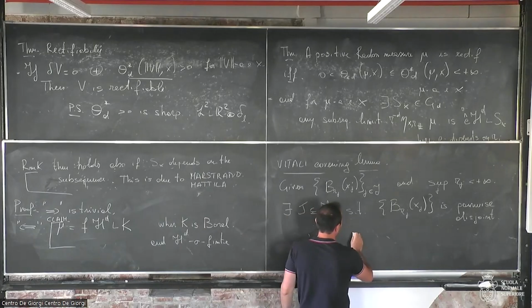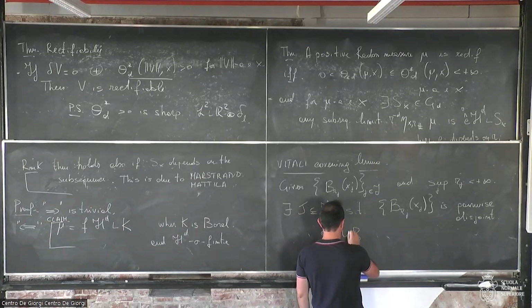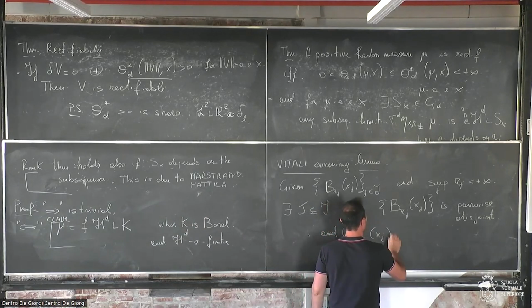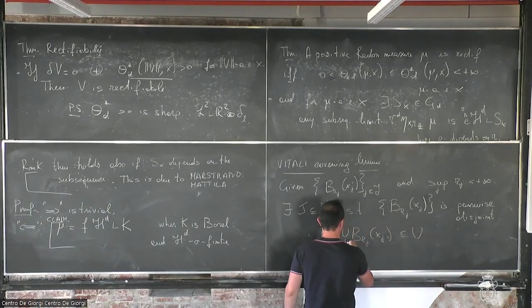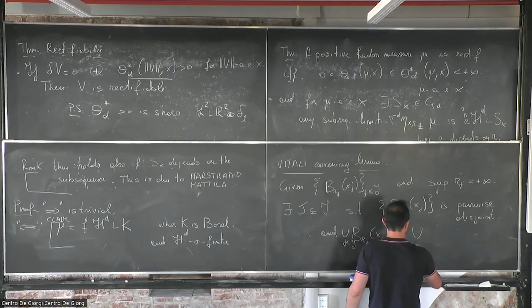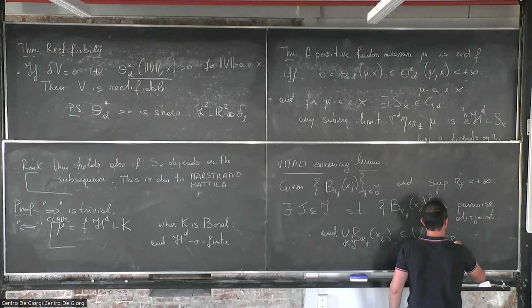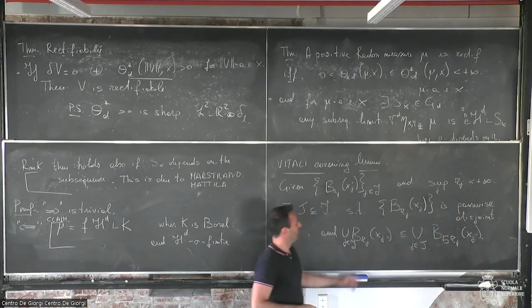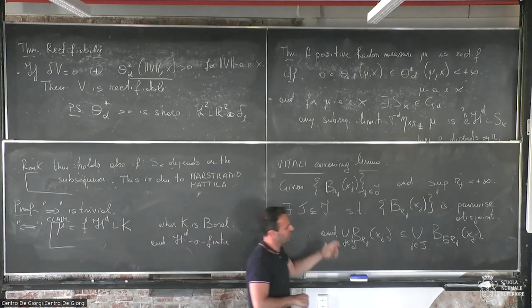But anyway, let me write it in this way: the union over j of B_{r_j}(x_j) is contained in the union over j in the subfamily J of B_{5r_j}(x_j). I'm not going to go through the proof of this, it's an easy proof, you can just check it out.